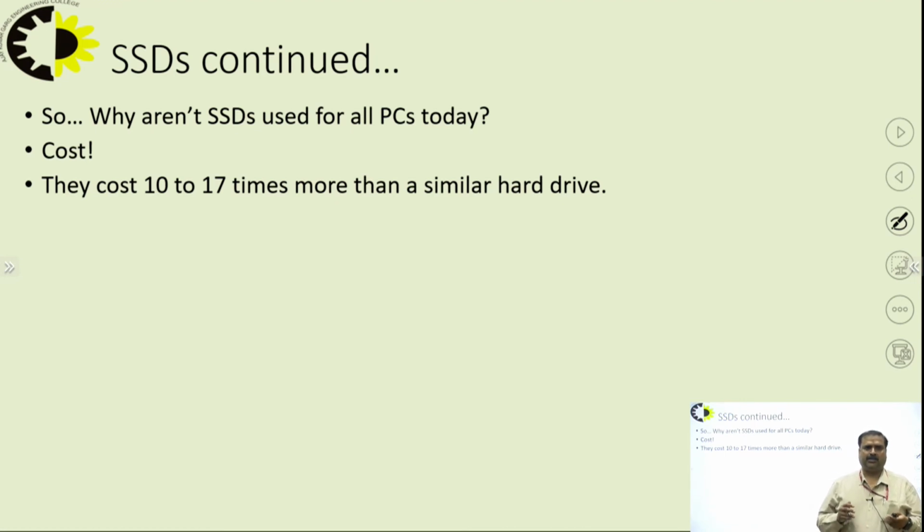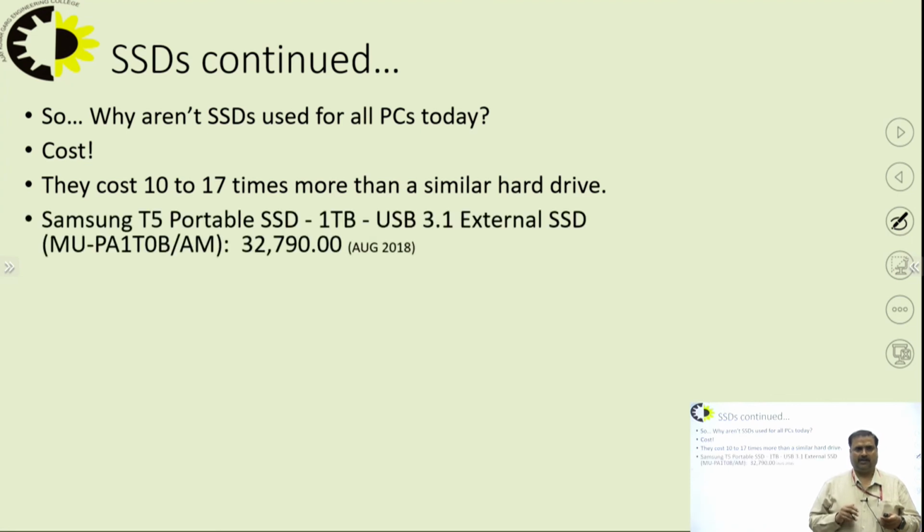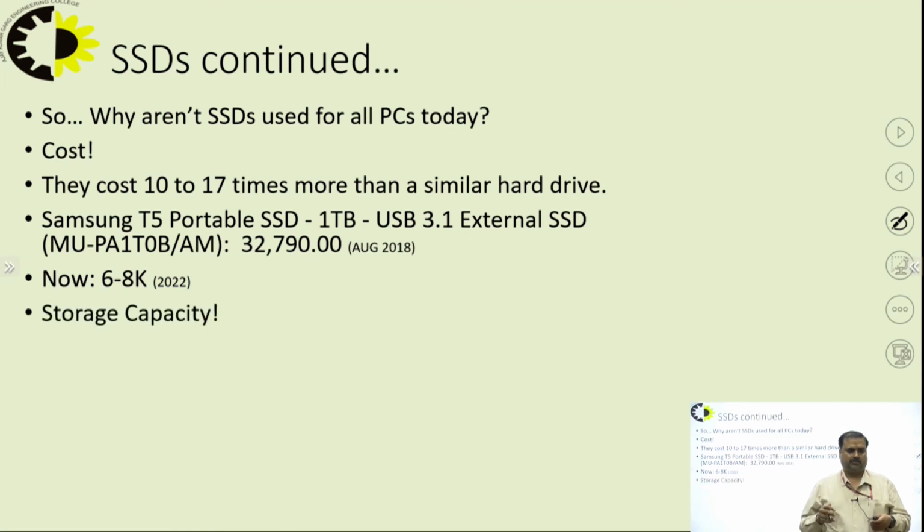They cost 10 to 17 times more than a similar hard drive, like the Samsung T5 portable 1 TB SSD, which was costing 32,790 in August 2018. But nowadays the price has dropped, so now it is available for 6 to 8,000. So we can increase our storage capacity with a highly efficient kind of storage.